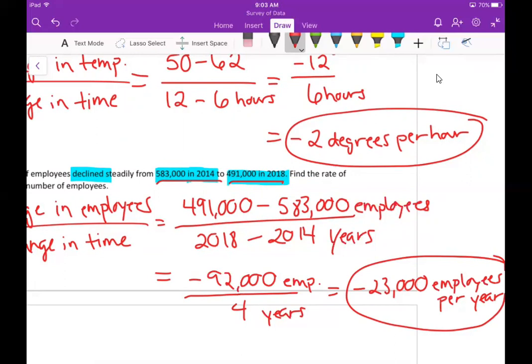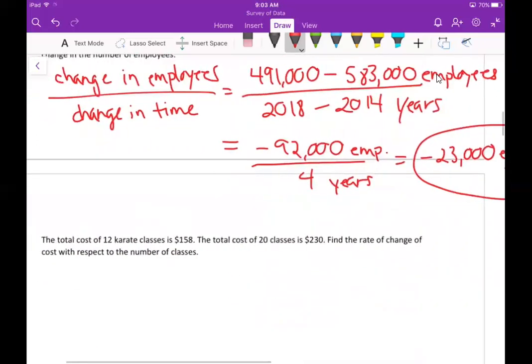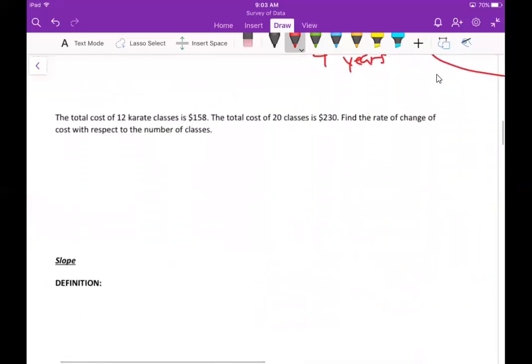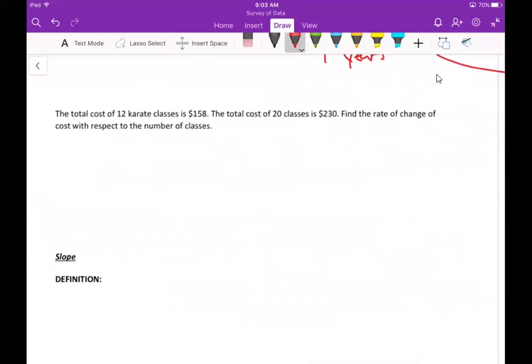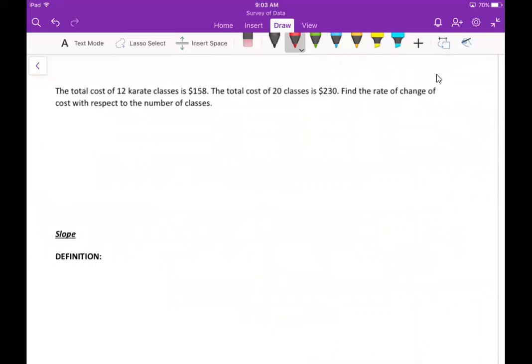Okay, another thing this is really good for is if we know how many classes cost a certain amount, and we know a couple different points there, we could find how much it is per class. That's what we're going to do here. So we know 12 karate classes is $158, and we know 20 karate classes is $230, and we want to figure out, okay, what's the rate of change of cost with respect to the number of classes?